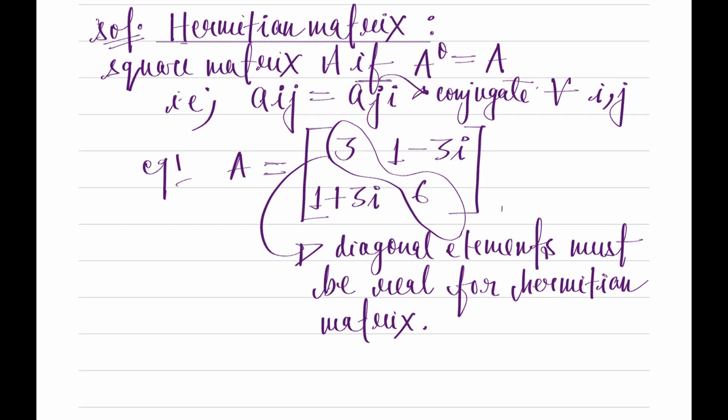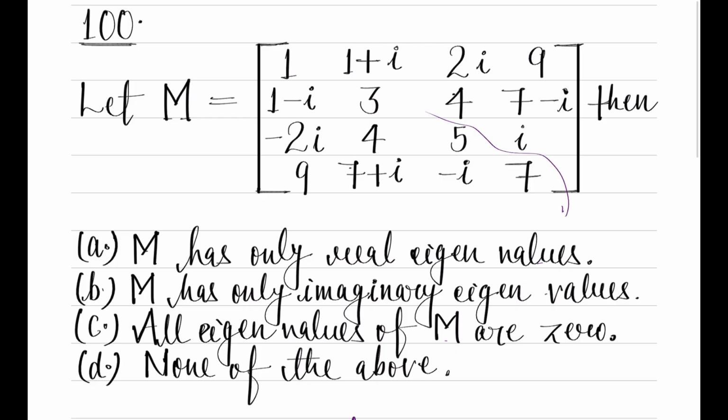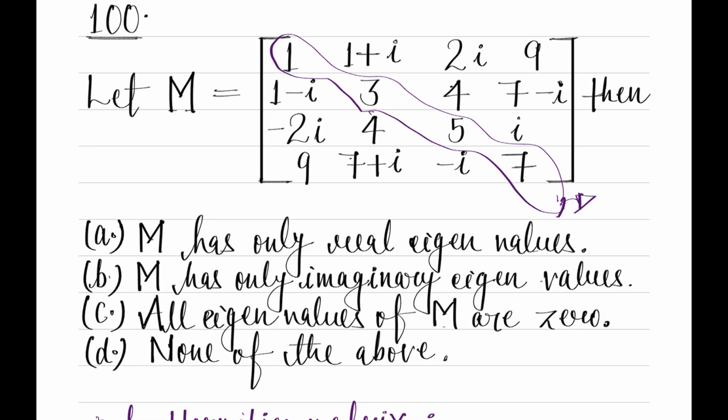Now this is our example. Now we come to our problem. In our problem we can see 5, 7, 3, 1. They all are real. Diagonal elements are real.